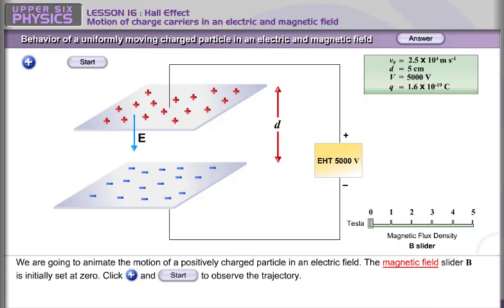We are going to animate the motion of a positively charged particle in an electric field. The magnetic field slider B is initially set as 0. Click the positive charge button and the Start button to observe the trajectory.